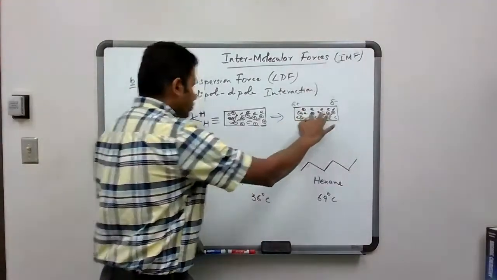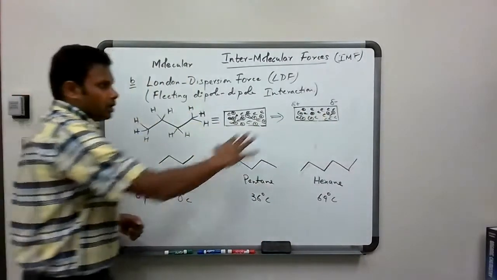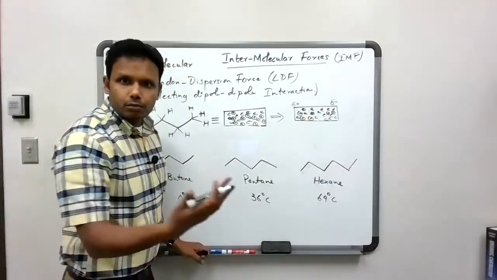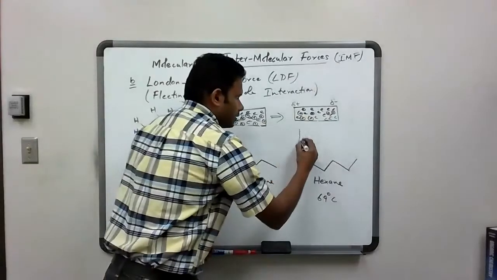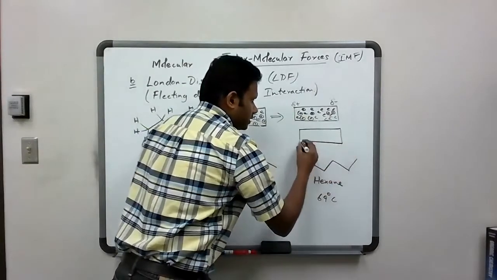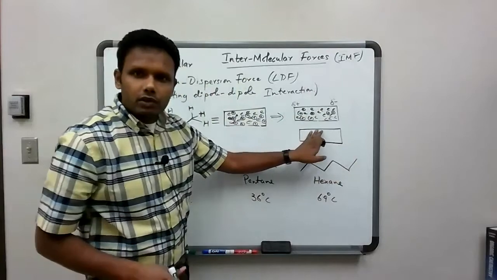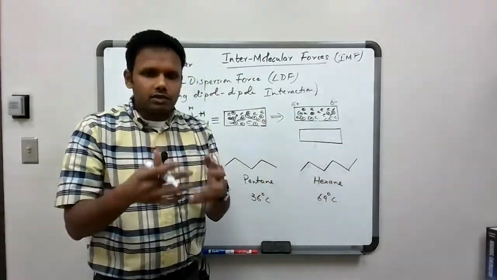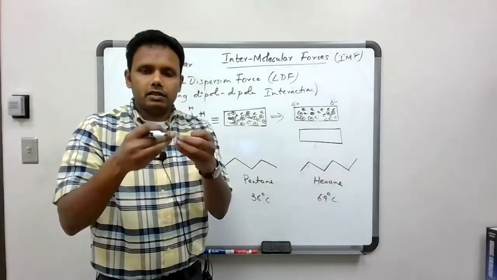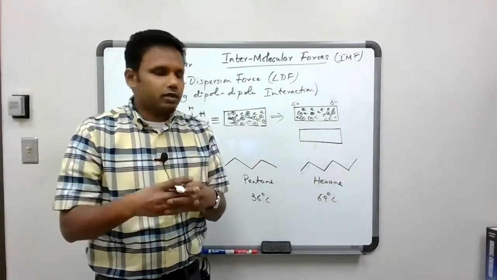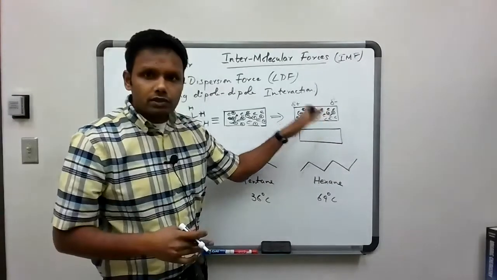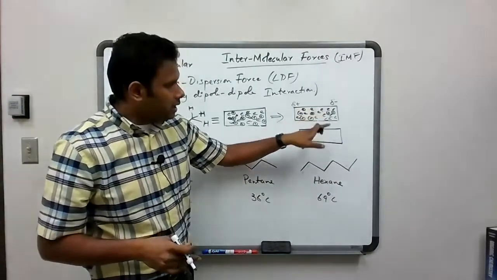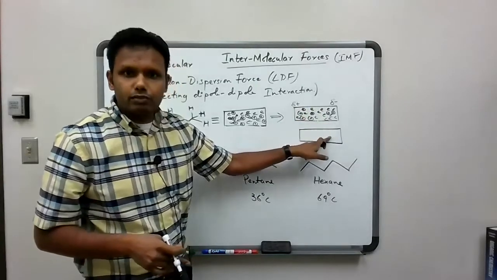If this is one molecule of butane, and it becomes a fleeting dipole at some point of time, and there is another butane molecule nearby, and this is very much possible in bulk, because you have a lot of molecules together, then as soon as this becomes a fleeting dipole, it will influence the electron distribution in the next molecule.